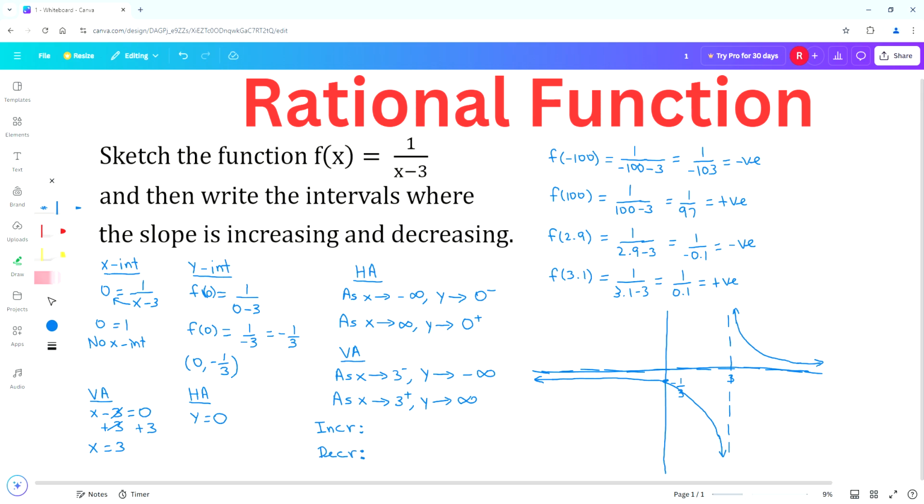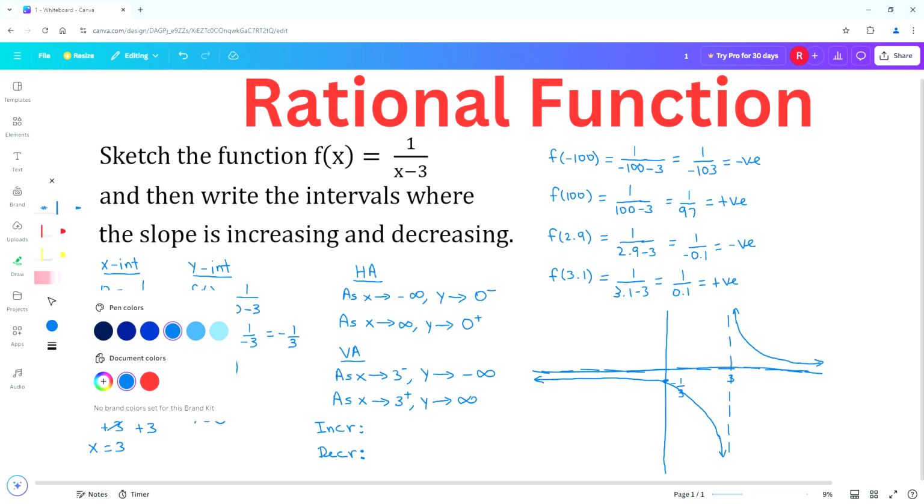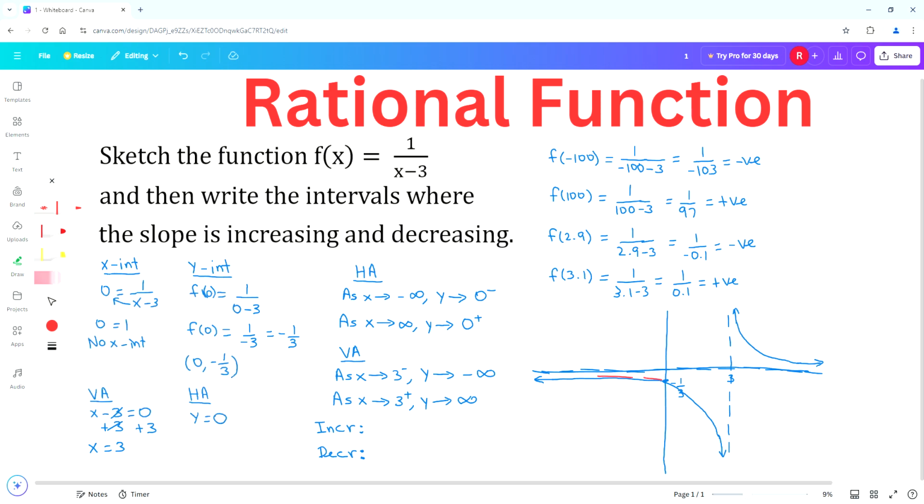We should use tangent lines to identify the intervals where the slope is increasing and decreasing. Let's start by analyzing the curve in the bottom left corner. We should draw tangent lines on this curve. The tangent lines will look something like this. We can see that the slope of these tangent lines is negative because from left to right, these tangent lines are sloping down.